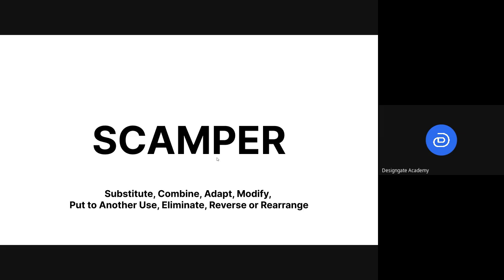Now, there is another thing, like adapt. Maybe you are creating an app that is being used to control light, to turn a light on and off. Some people might just put a simple switch there to say on, off. But you know that you can also use real life adaptations.